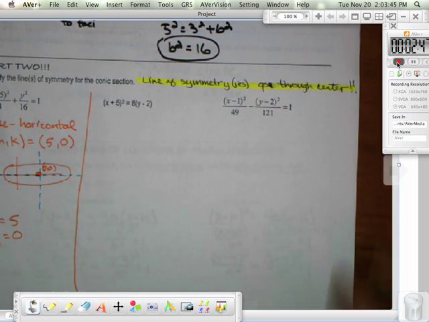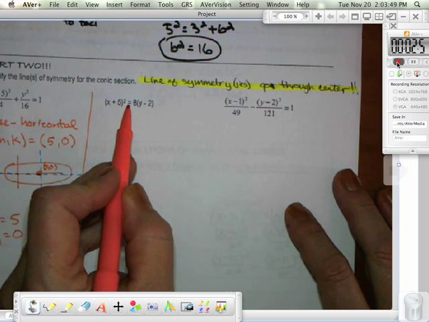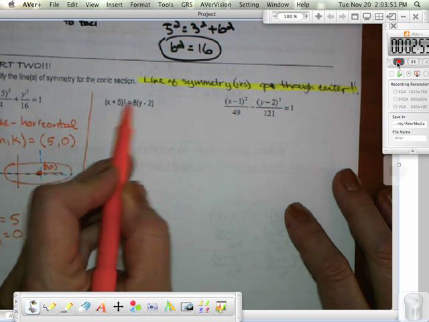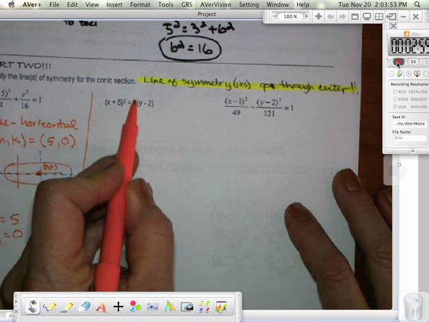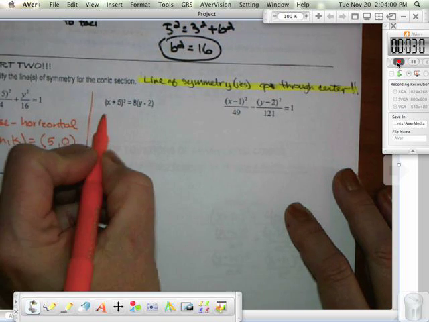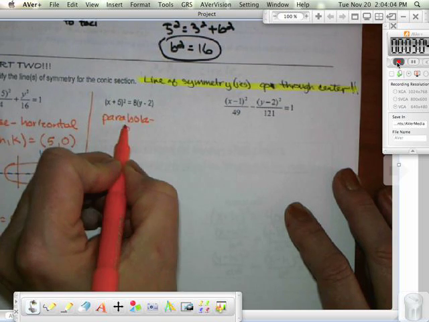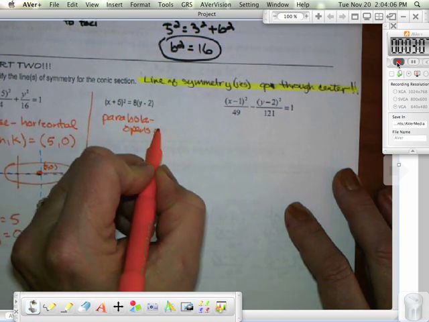All right, so let's look at this one. You can see that there's only one square, and so that means it's a parabola, and this is a positive here, so that means it's going to be a parabola that opens up. Obviously, you don't always have to write this down. I'm just doing it as we are learning how to do these.